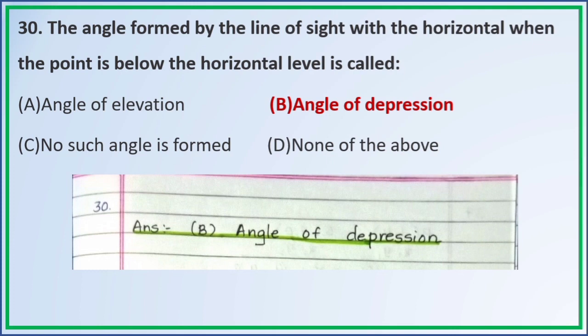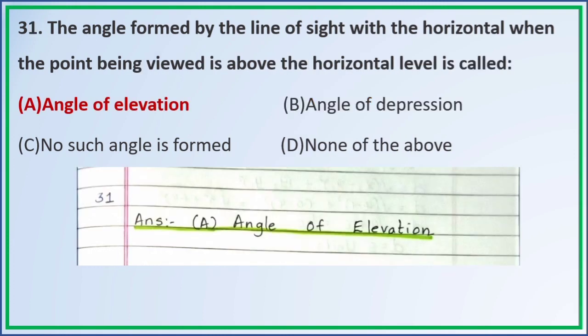A similar question: the angle formed by the line of sight with the horizontal when the point is viewed above the horizontal level is called the angle of elevation. Below the horizontal level is called the angle of depression. Above the horizontal level, it is called the angle of elevation.